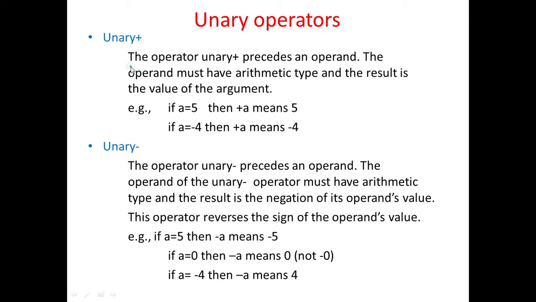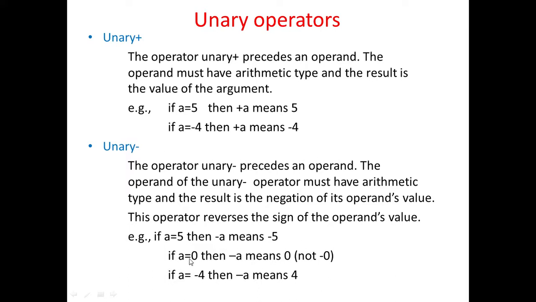And the result is the negation of the operand's value, means it multiplies the value of the operand with minus sign. It means that this operator reverses the sign of the operand's value. If a is 5, minus a will become minus 5.